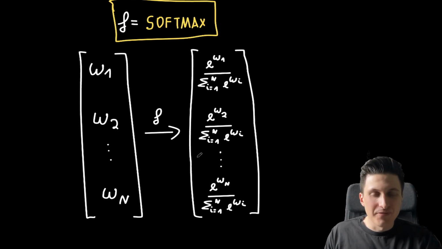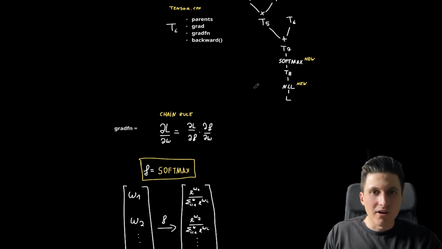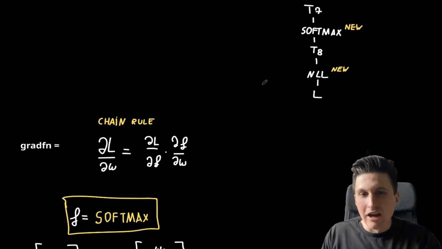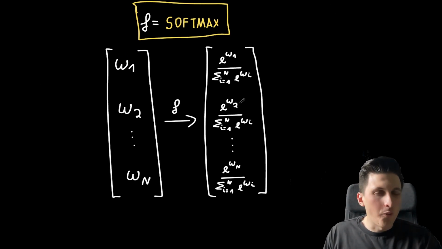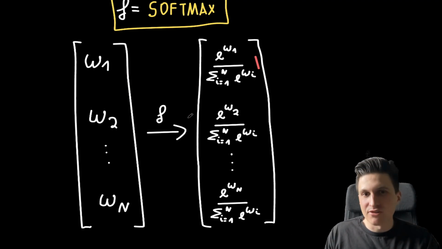And in my third video, I derived all of these myself, the multiplication and the addition, because the eventual derivative formulas were very simple to implement. But as you can see, this is a bit harder. There is a division here, and the same weight is used multiple times in all these tensor outputs.